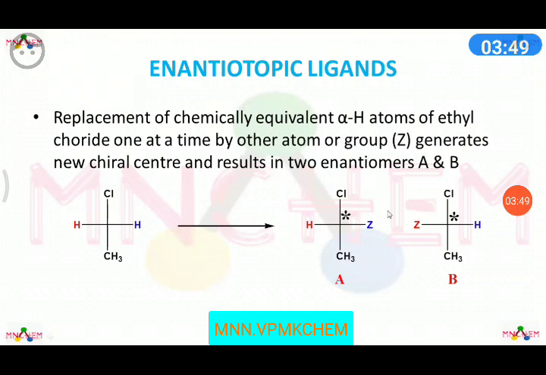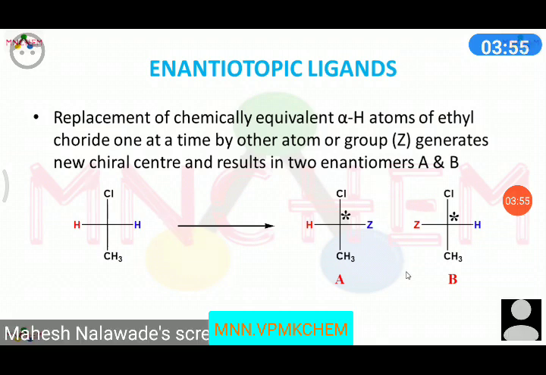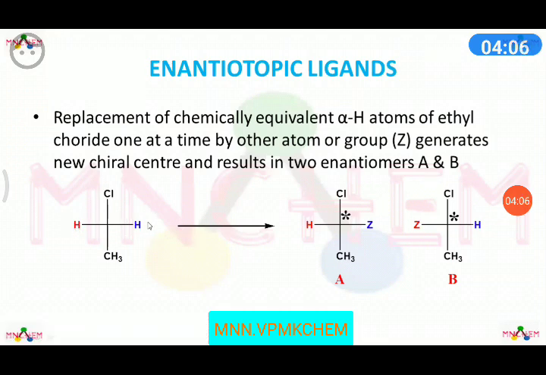You can see if I place a mirror here, they are non-superimposable mirror images of each other. So these two hydrogens on replacement one at a time give a pair of enantiomers A and B. Therefore they are called enantiotopic ligands.